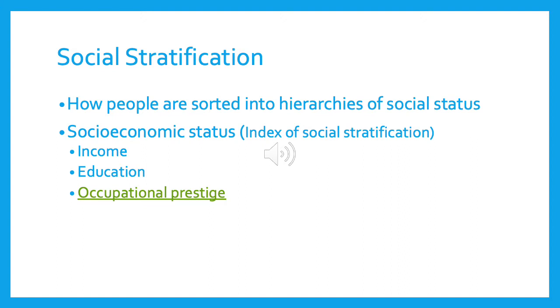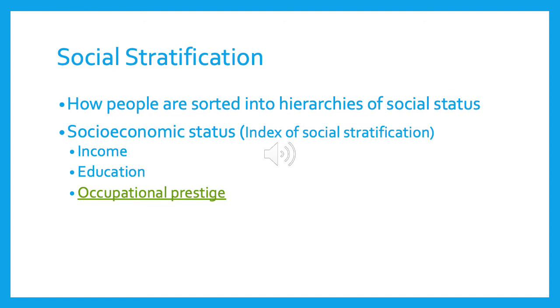If you notice, that term is hyperlinked, which means if you click on it, it'll take you to an article written in 2008 about the most recent occupational prestige scale that we've created. But occupational prestige is exactly what it sounds like. It's the social prestige or social honor that we attribute to different jobs.